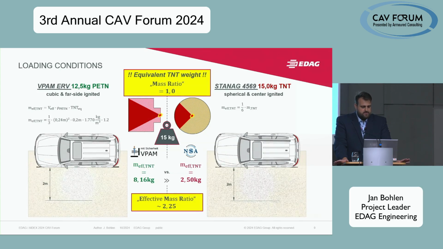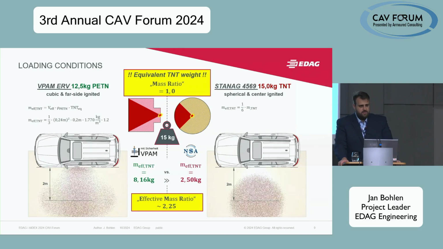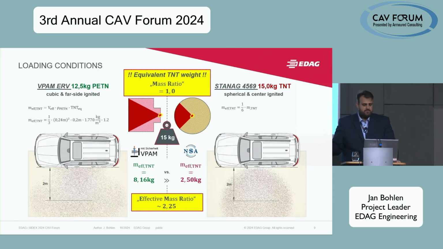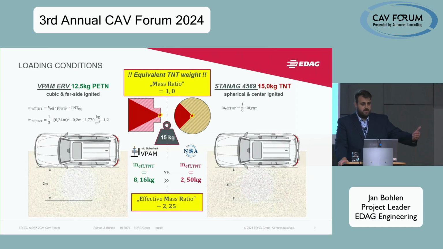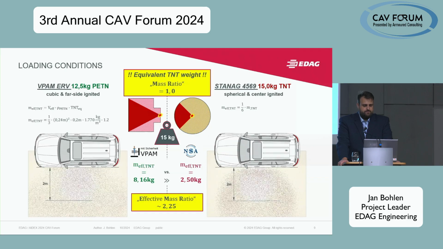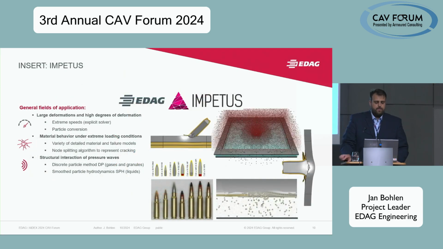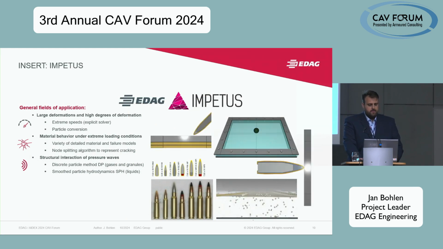So in easy words, that means that the VPAM ERV 12.5 kilo PETN charge in cubic configuration ignited from the back is 2.25 times more severe to the civilian armored vehicle than the STANAG 15 kilogram TNT spherical charge. So it's a huge difference. I will come to that in a minute again.